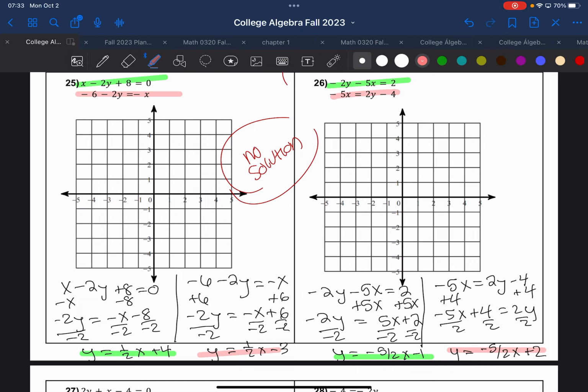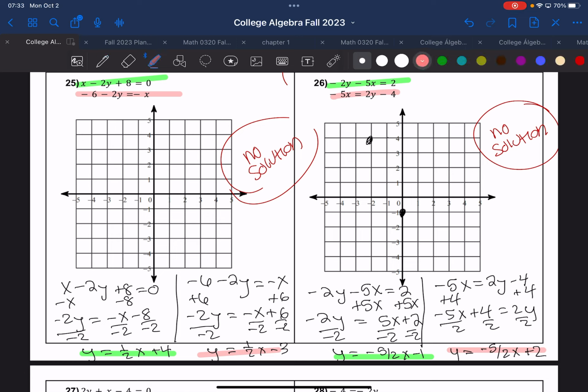Our slopes are the same, so that tells us it's going to be no solution because our lines will be parallel. You could graph this and see that they are parallel. So let me graph these ones real quick. The same slope equals parallel. No solution.